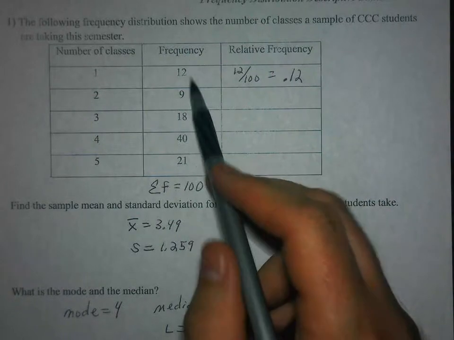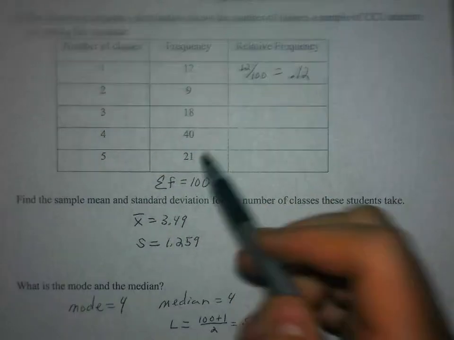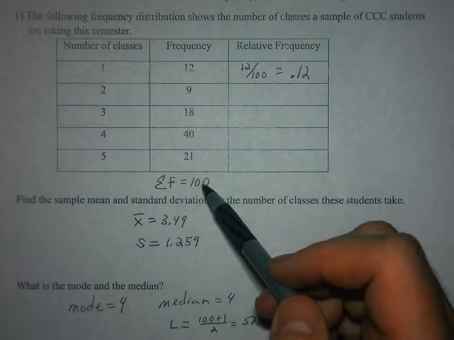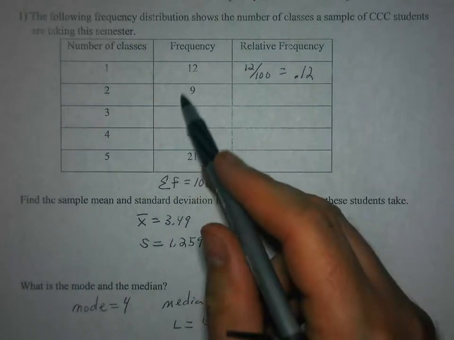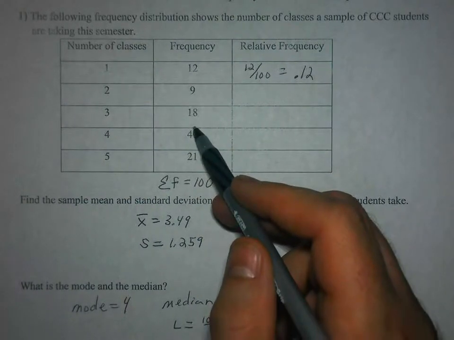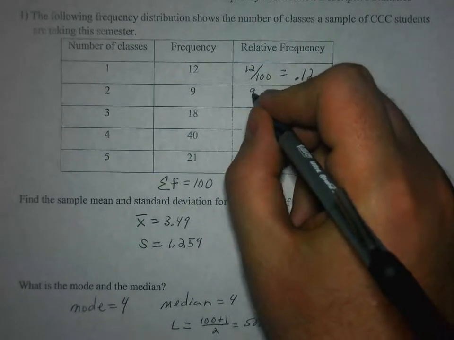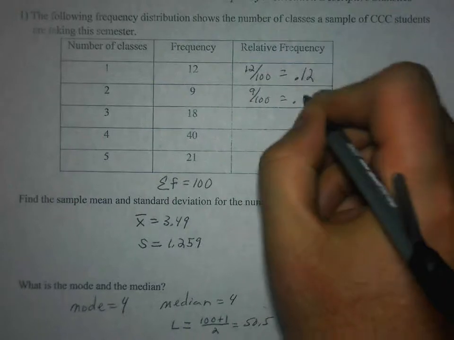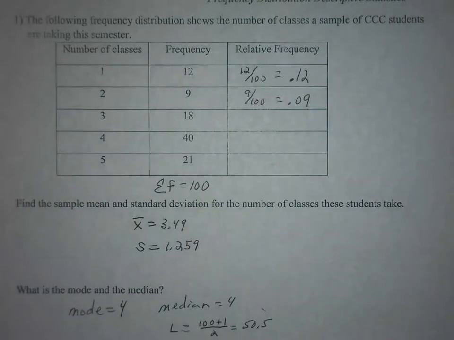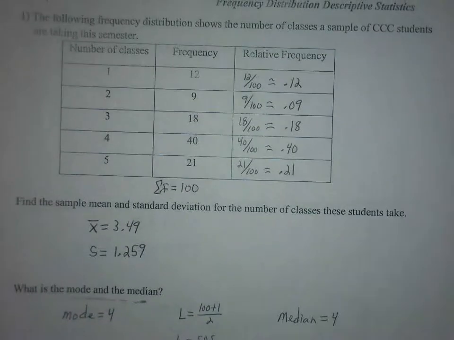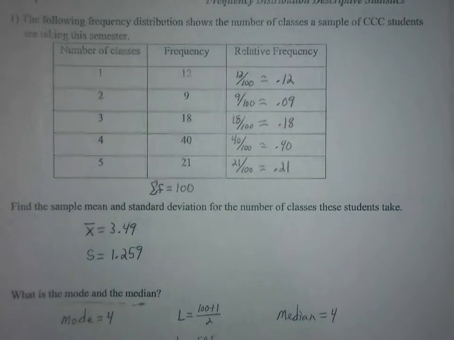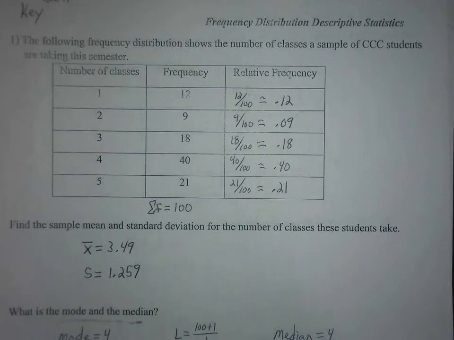But with a total frequency of 100, you're essentially just making the 12, 9, 18, and so on a percentage written as a decimal. So 9 out of 100 is 0.09, and so on. I have them written down here so it's easier to see. That's how you find relative frequency.